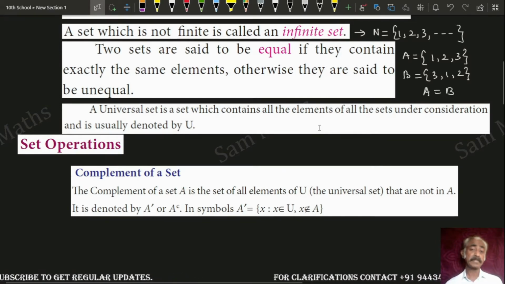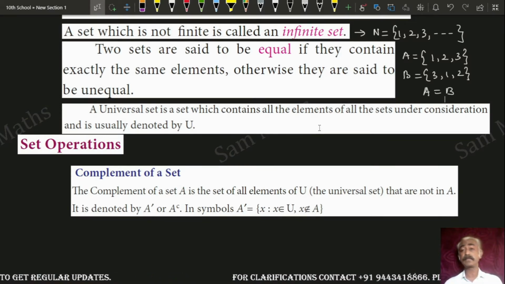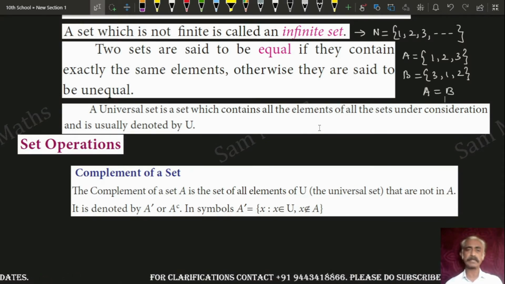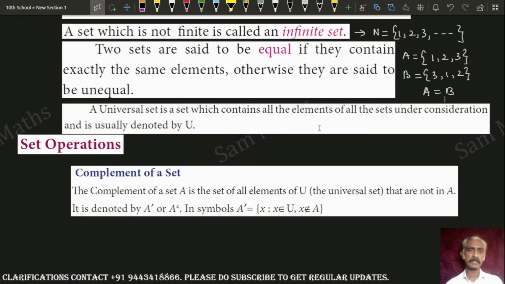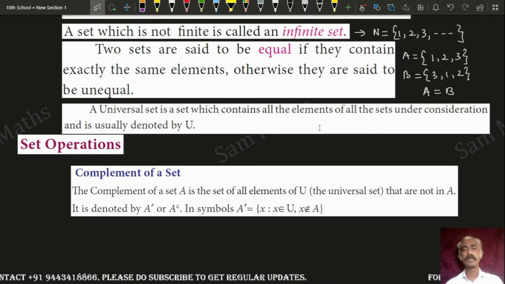Then, an important one is the universal set. A universal set is a set which contains all the elements of all the sets under consideration and is usually denoted by U. This is known as the universal set. Set operations, we must know.